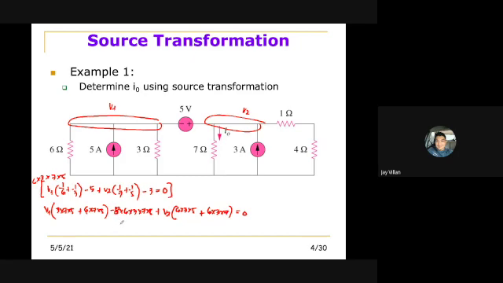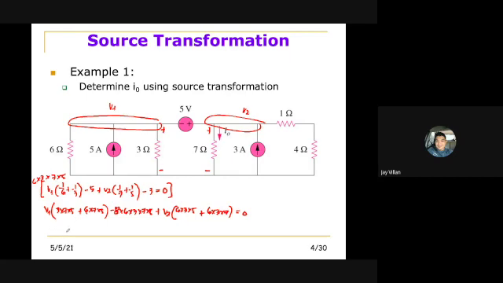And then simplify this. So that will be our KVL equation, and this is V1 and this is V2. So this is equation 1.